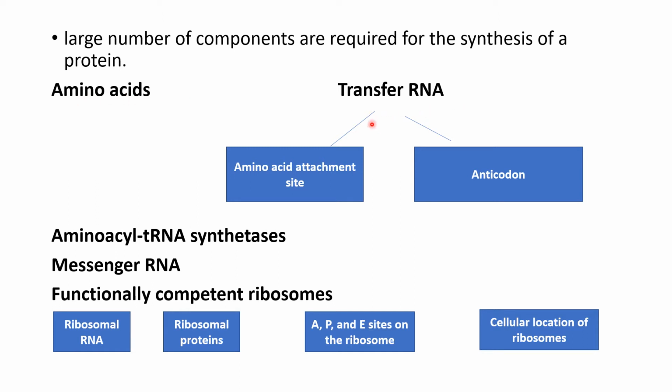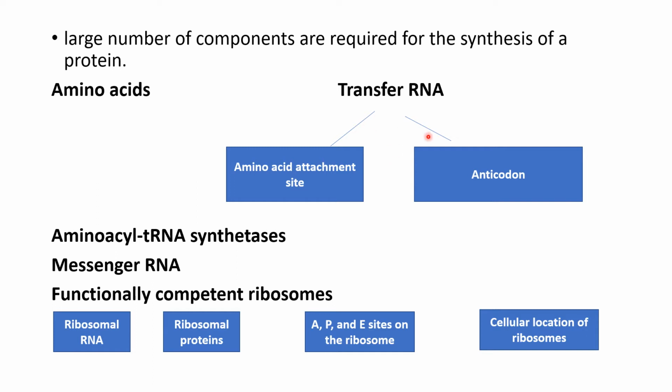Next one is the transfer RNA. The tRNA, which is also known as the adapter molecule, is so called because it recognizes the specific amino acids, then brings these amino acids to the messenger RNA, from where it incorporates the specific amino acid into a growing polypeptide chain.